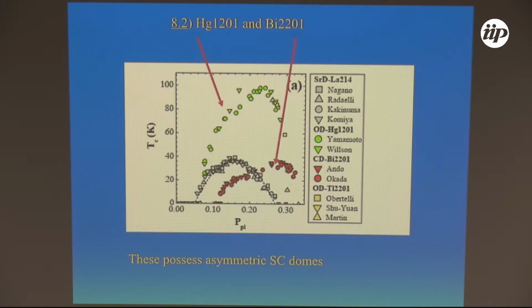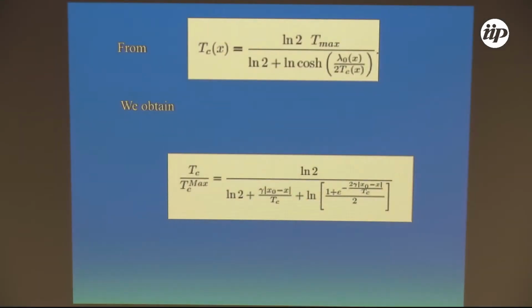So bismuth and mercury are asymmetric curves, as you see. The only symmetric curve is LSCO. So I take our expression. This can be rewritten like that. We just expand the hyperbolic cosine.